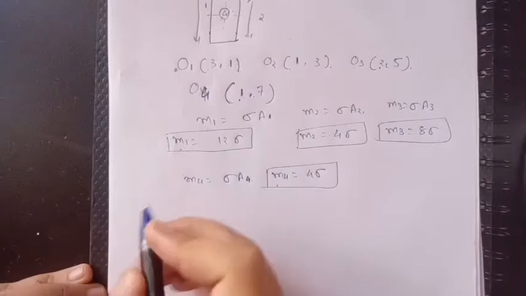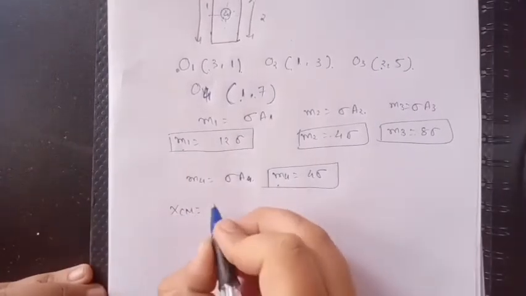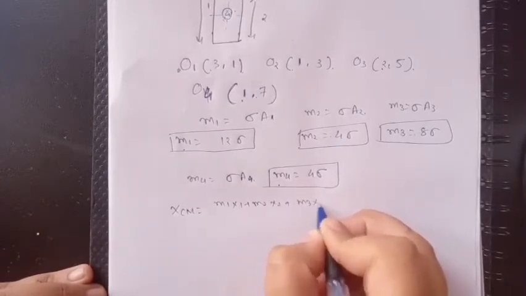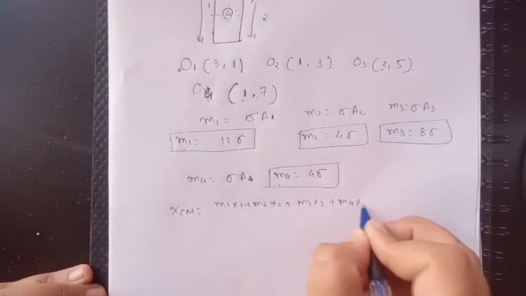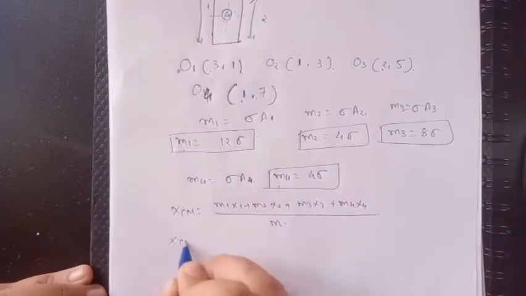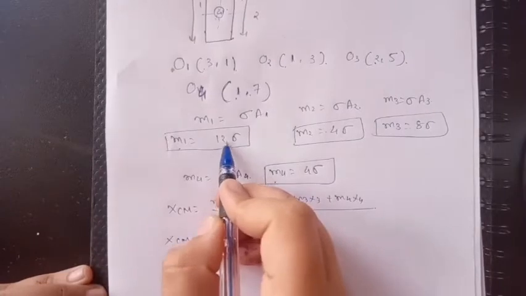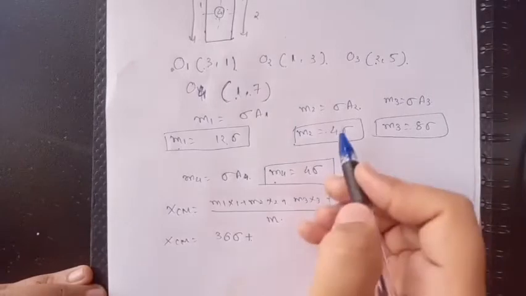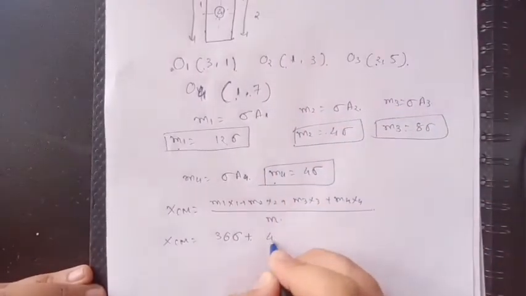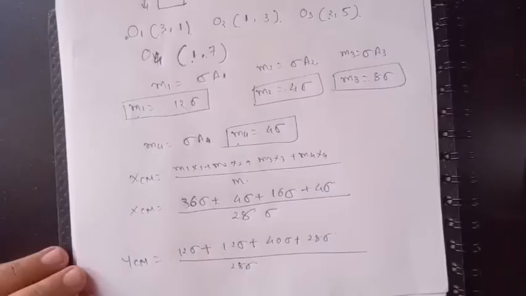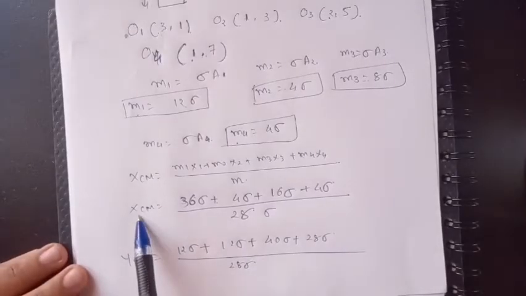Now xcm will be m1 x1 plus m2 x2 plus m3 x3 plus m4 x4 upon total mass m. m1 is 12 sigma, x1 is 3, so that will give us 36 sigma. m2 is 4 into 1, so 4 sigma, plus, and so on. From these equations we can find xcm and ycm.